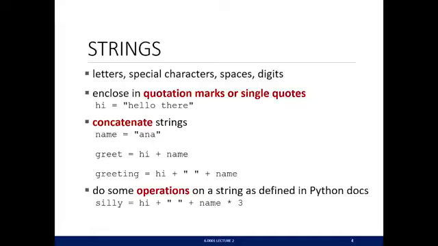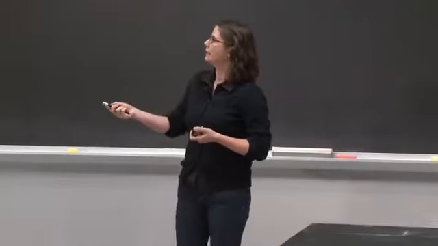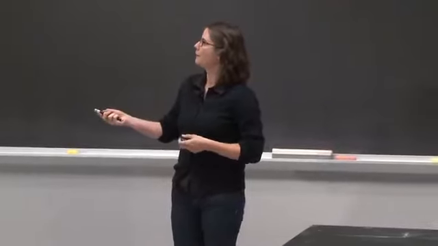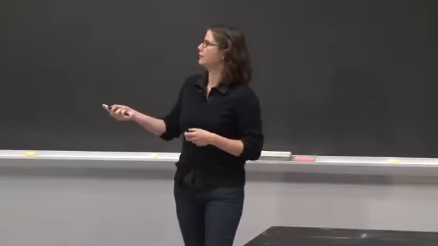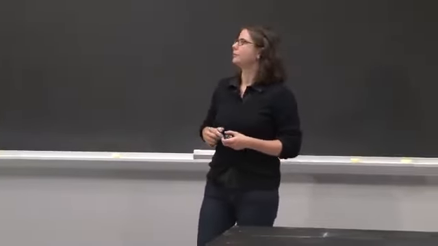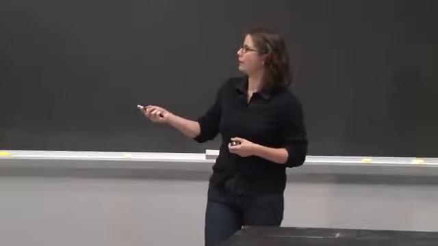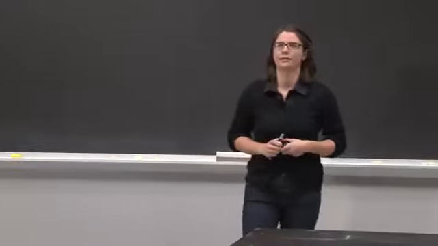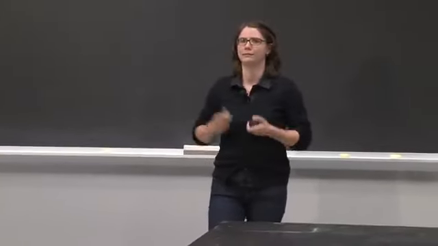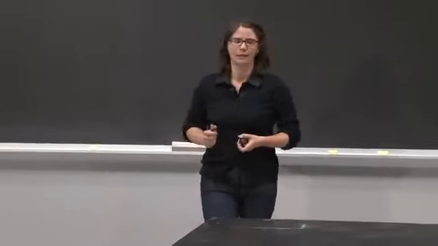They could be either double quotes or single quotes, but as long as you're consistent, it doesn't matter. And this object, we're binding it to this variable named hi, using the equal sign, which is the assignment operator. From now on, whenever we refer to this variable hi, Python's going to say, oh, I know what the value is, and it's that string of characters.